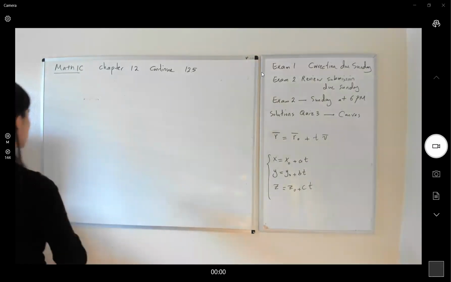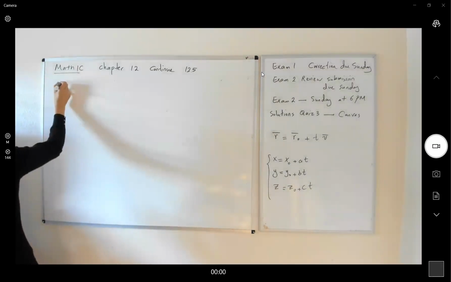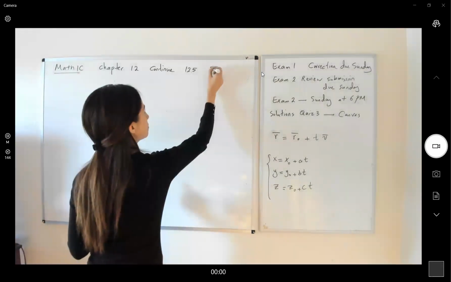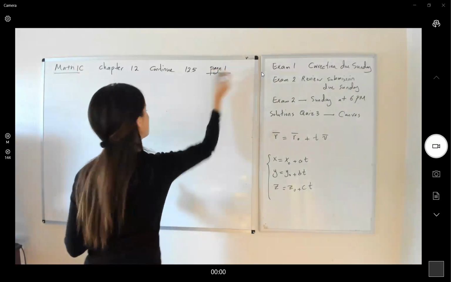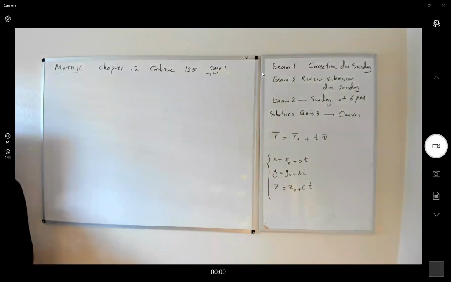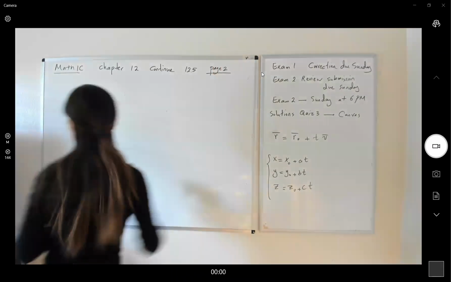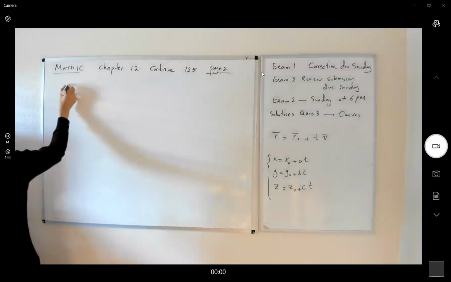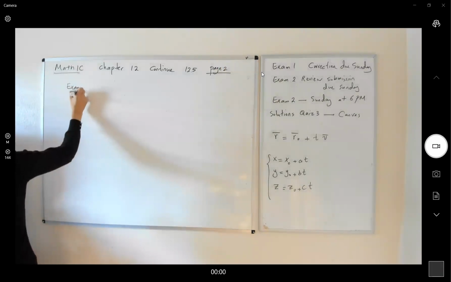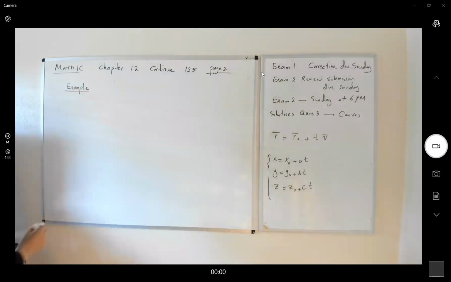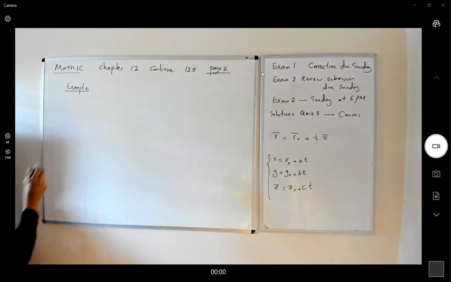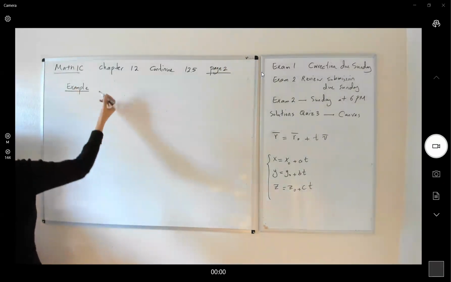There you go, one example for you. We are still on page 1. Sorry, the example is on page 2. So this example says, find a vector equation and parametric equation for a line.